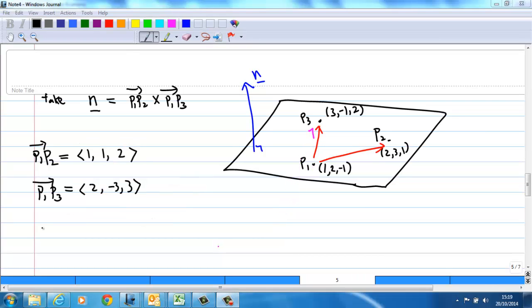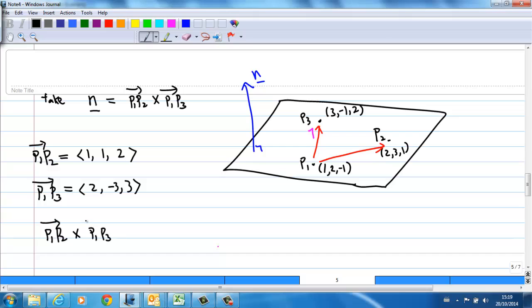Having computed the vectors P1P2 and P1P3, we are now ready to find the cross product P1P2 cross P1P3. This is a 3 by 3 determinant with i, j, k in the first row, the components of P1P2 in the second row, which is 1, 1, 2, and the components of P1P3 in the third row, 2, -3, 3.